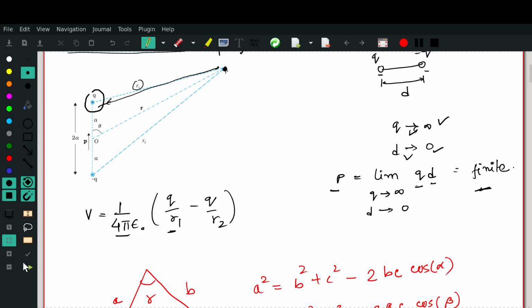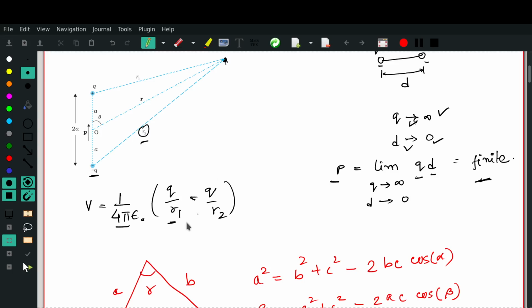The other part is the minus q charge, and the distance from this point p is r2, so I will write minus q by r2. Now the task is to find r1 and r2.